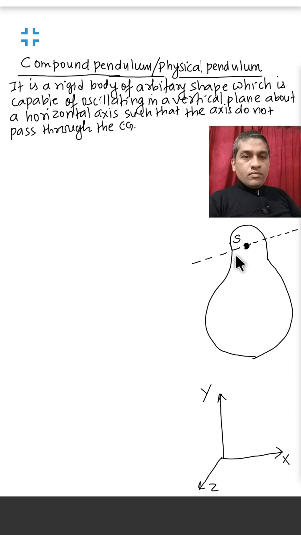Now this pendulum is of arbitrary shape and we find there are distributed point masses. This pendulum is made from large number of distributed point masses.